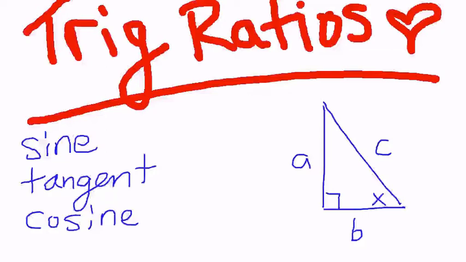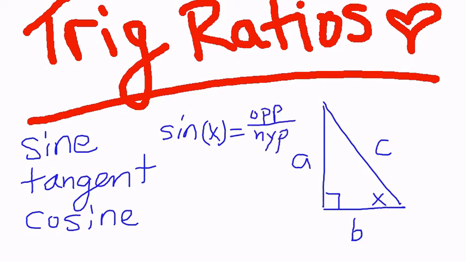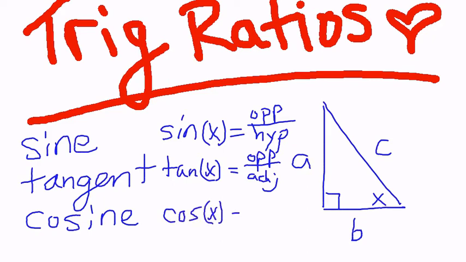The ratios for these three functions are: sine of x equals opposite over hypotenuse, tangent of x equals opposite over adjacent, and cosine of x equals adjacent over hypotenuse.